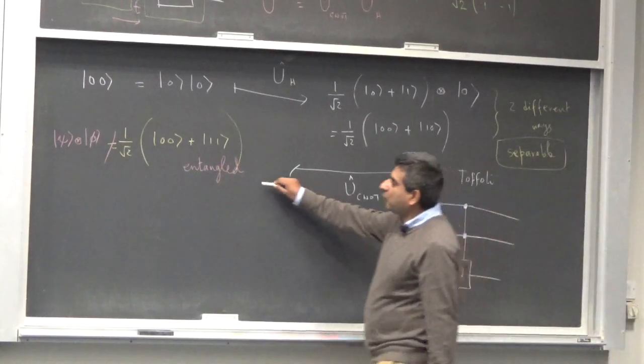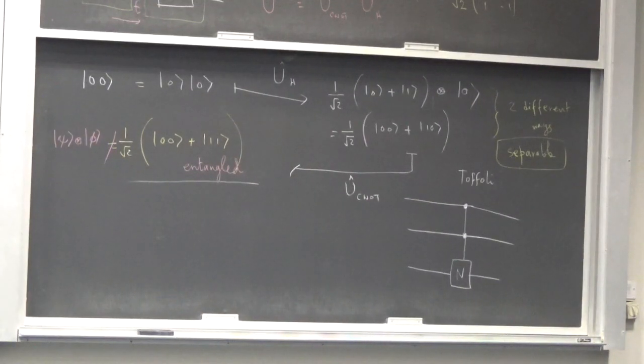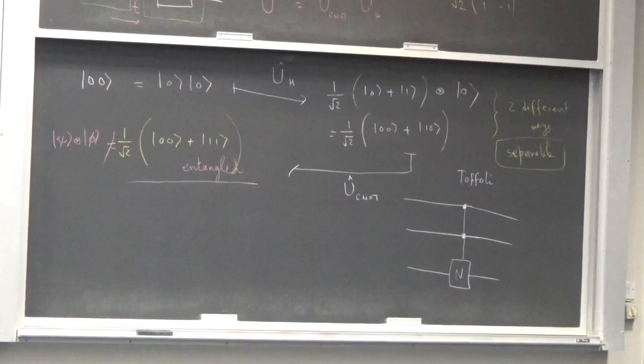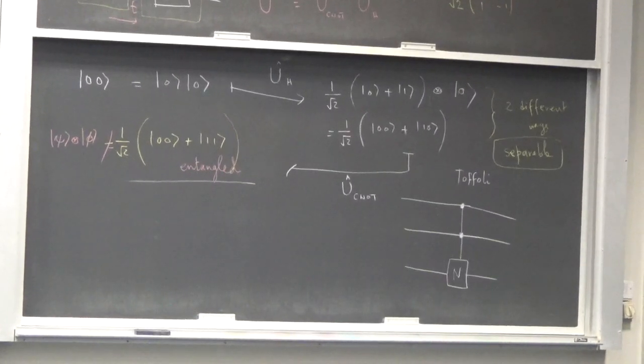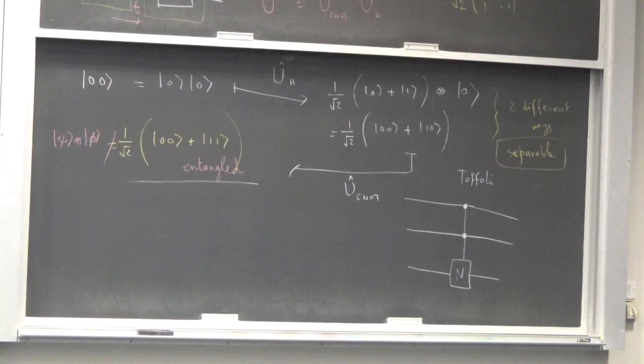Alright, so what are the 4 kinds of entangled states that you could write for 2 qubits?